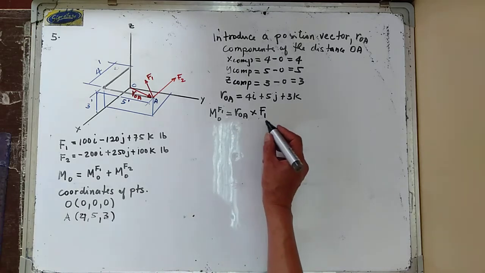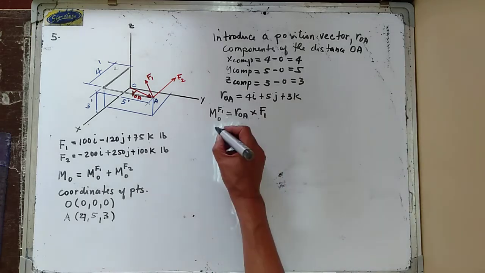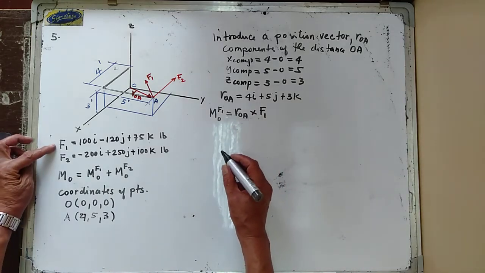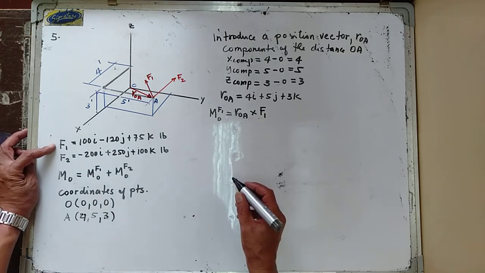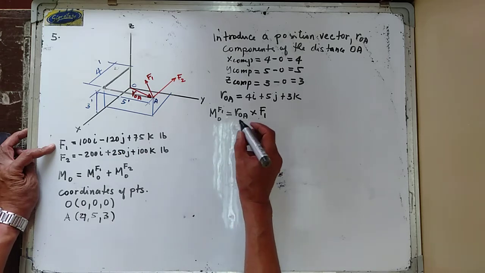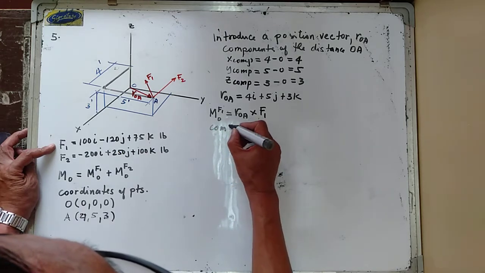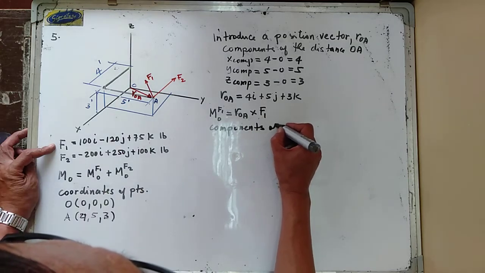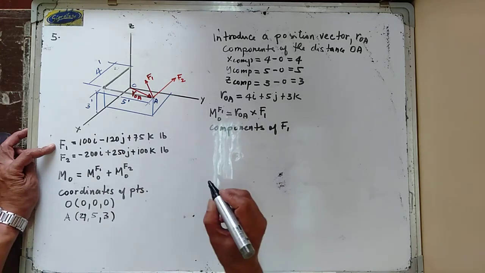So we now have your ROA. Your F1 here is equal to 100i minus 120j plus 75k. So we now have the components of F1.